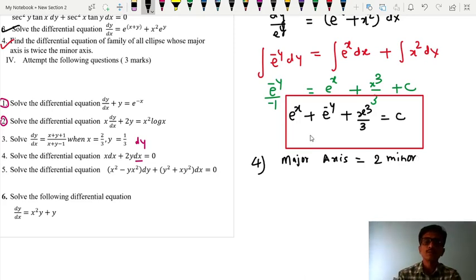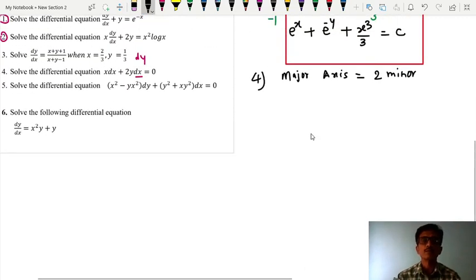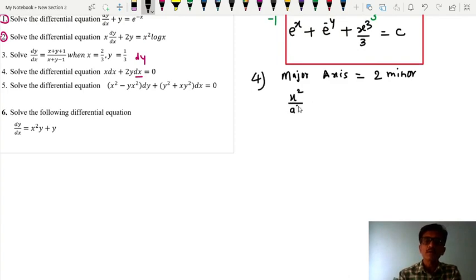Now suppose we take the equation of the ellipse x square upon a square plus y square upon b square is equal to 1, and if we are taking the major axis along the x axis, that means a is greater than b.